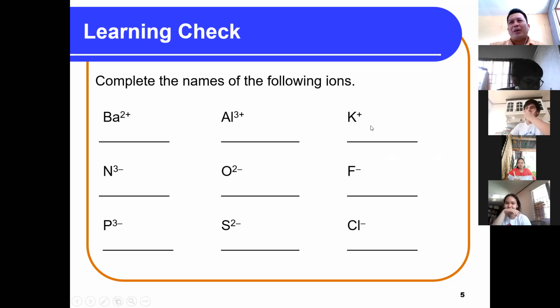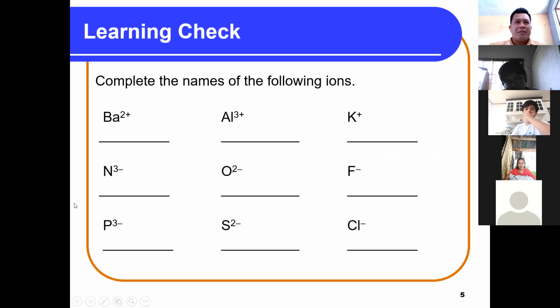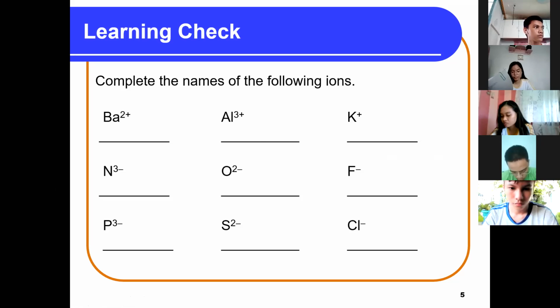Okay, Alexandra, for the K plus, how will you read this one? Potassium. Let's proceed to the second row. N3 minus.